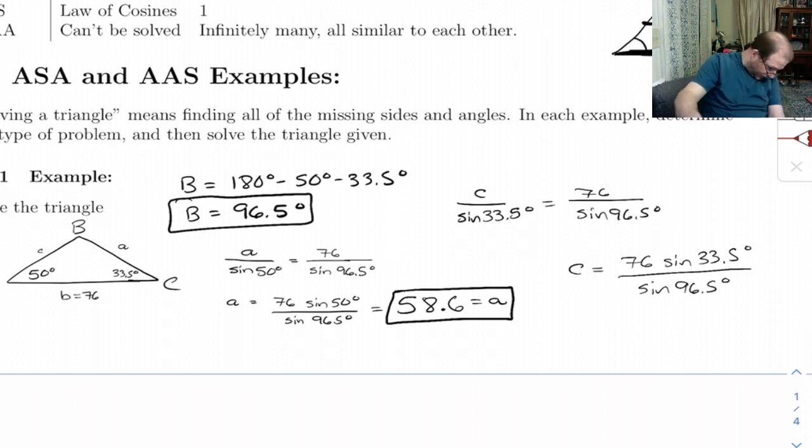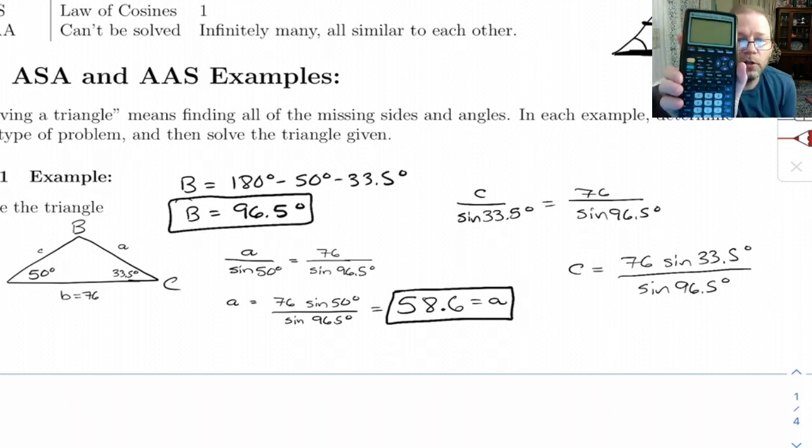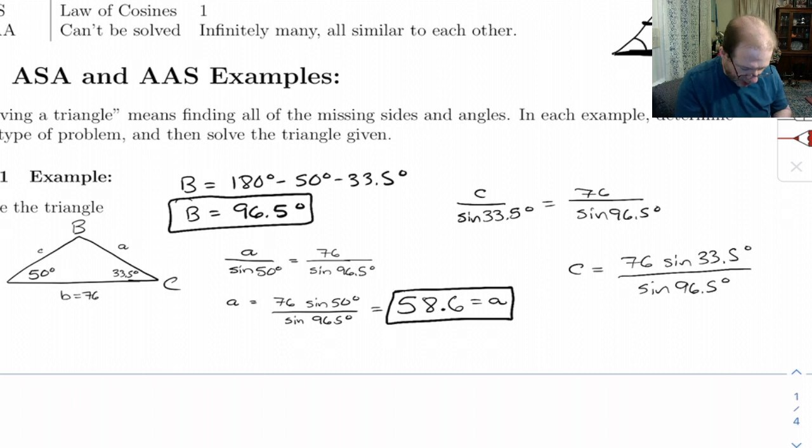I'm actually going to do this on a different calculator. I've been using my little single line calculator, but if I use this, I can type it all in one line. First off, make sure I'm in the correct mode. I'm in degree mode. So it's going to be 76 times sine 33.5 divided by sine 96.5.